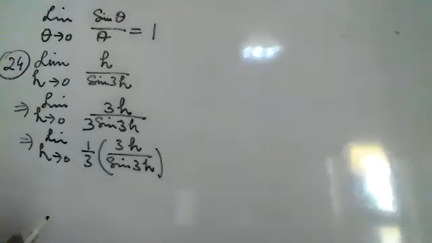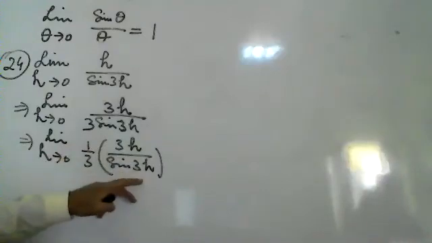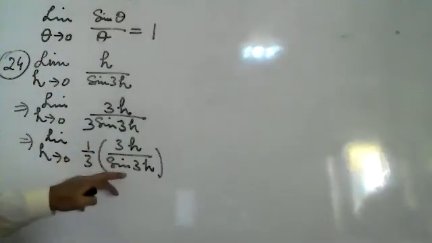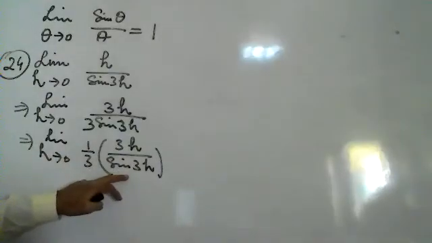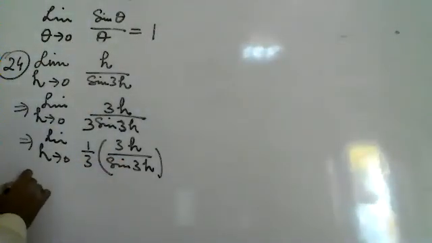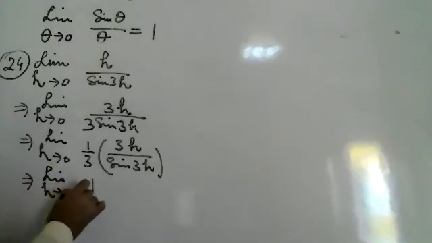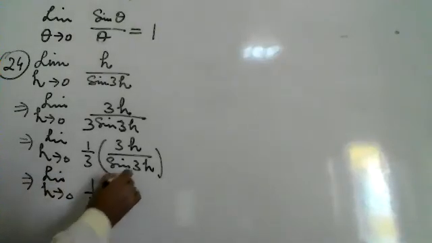This will become 1 over 3 into theta upon sine theta, if 3h is theta. But we have the limit sine theta upon theta, so we'll take the reciprocal of this one.